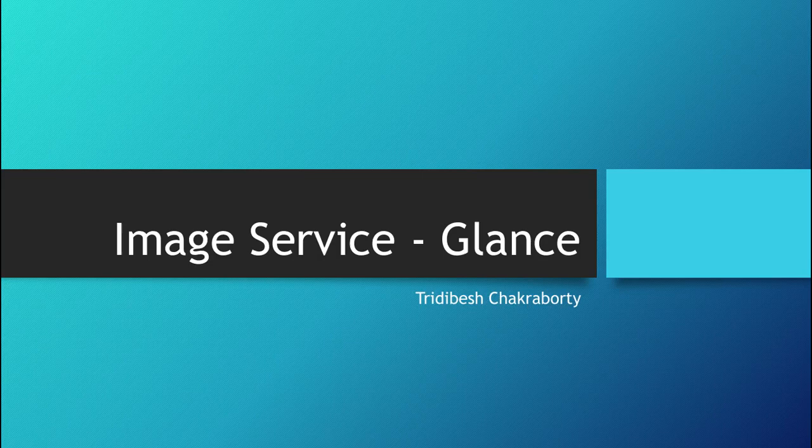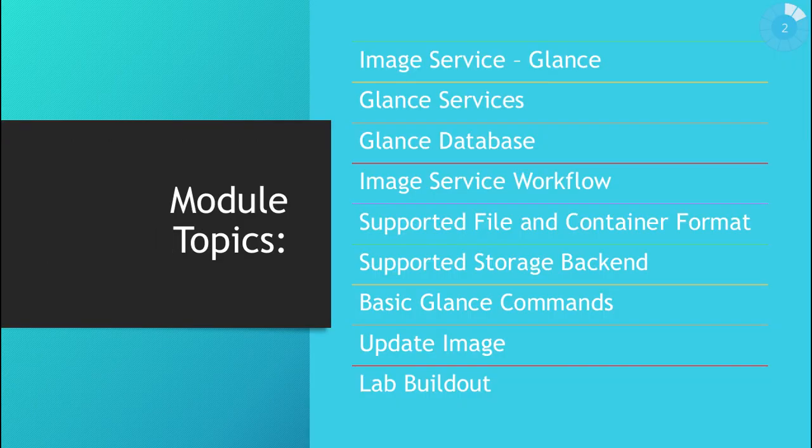In this module, we'll speak about Glance, which is the project name for the OpenStack image service. We'll try to cover topics like what the image service or Glance is, then various services under Glance, the database for Glance, how the image service workflow works, supported file and container formats, and also supported storage backends.